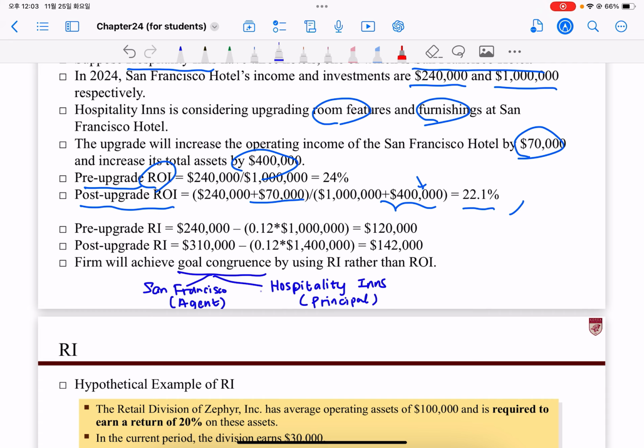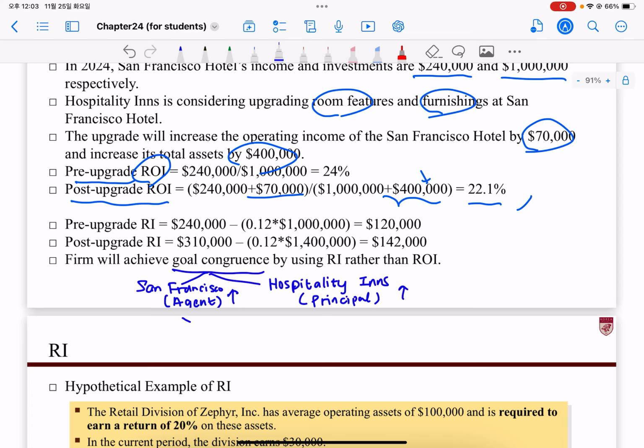So in this case, we want to align the goals of the 2, meaning when San Francisco makes a certain choice, that choice should elevate the performance of Hospitality Inn overall. But if the choice made by San Francisco does not elevate the performance of Hospitality Inn, then we say it is goal incongruent.